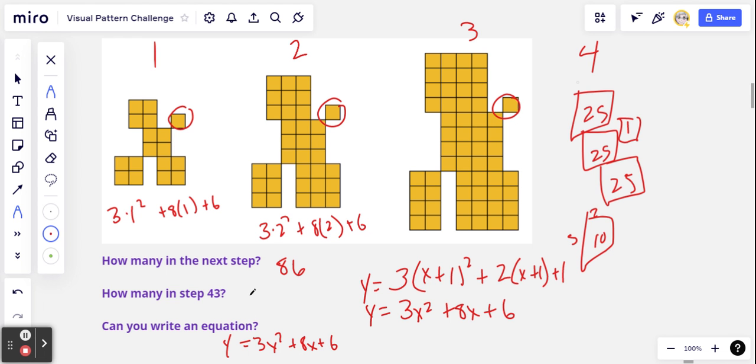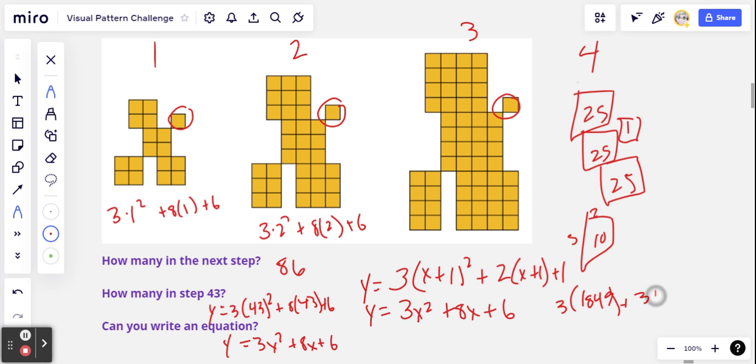And then to get the number in step 43, we're just going to plug in 43 for x in this equation. It's going to be quite a big number. So we've got 3 times 43 squared plus 8 times 43 plus 6. So 43 squared is 1849. Multiply that by 3. And 8 times 43, 8 times 40 would be 320, and 8 times 3, 24.